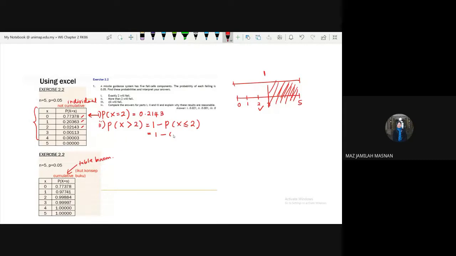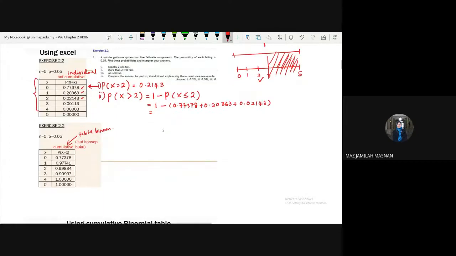So you will begin from 0.77378 plus 0.20363 plus 0.02143.